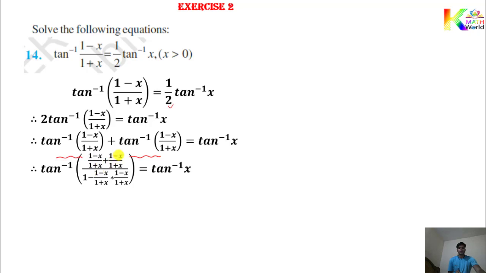In the next step we get 1 minus x into 1 plus x plus the same way 1 minus x into 1 plus x, over 1 plus x whole square minus 1 minus x whole square, equals x. Now simplifying this one.